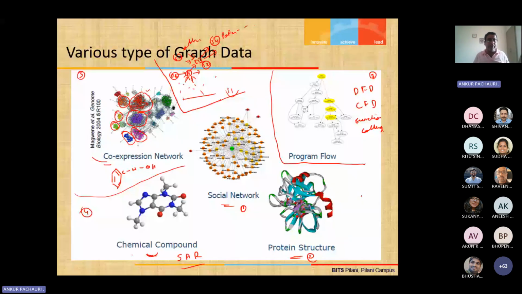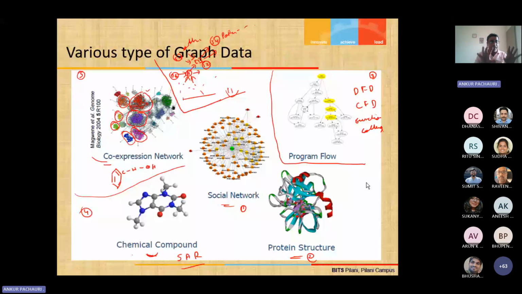My second area of work is software test data generation. Now, the papers which I have researched or written on software test data generation will be totally disjoint from this graph structure.